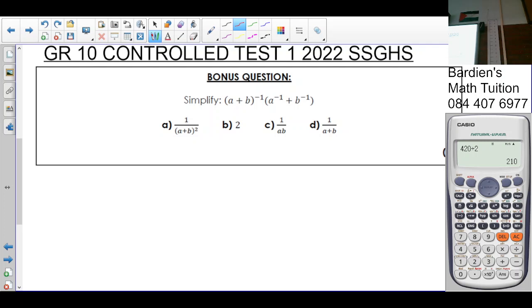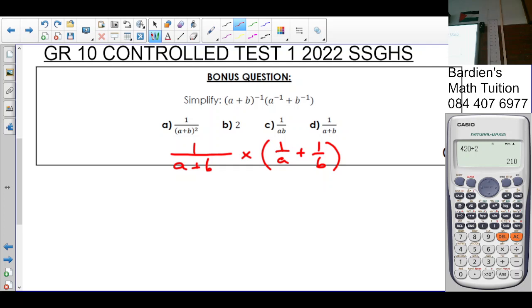So this (a plus b) to the negative 1 can be written as 1 over a plus b times. So in the bracket it gives you 1 over a plus 1 over b. Note I'm not dropping the bracket here because at this point we don't have one term inside the bracket.